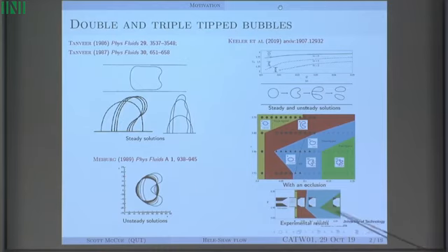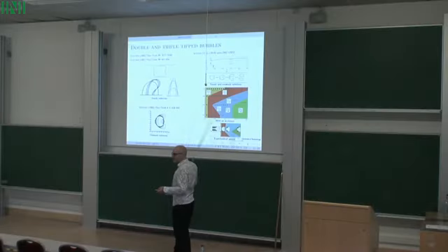They also have some experimental results, and I think you probably cannot see these, but here is a convex bubble and a double-tipped bubble or triple-tipped bubble. There is surface tension in all of these.